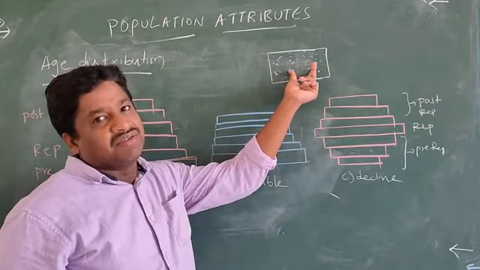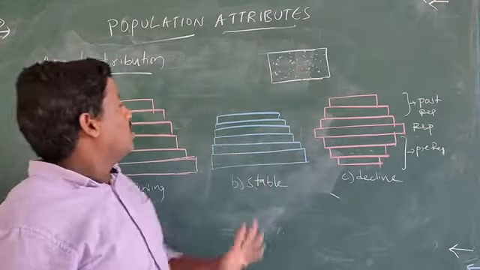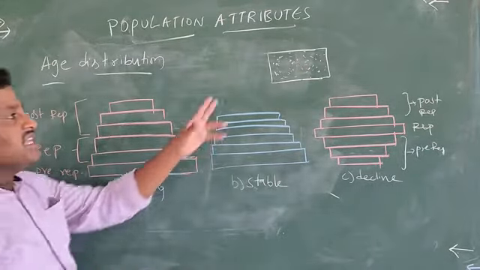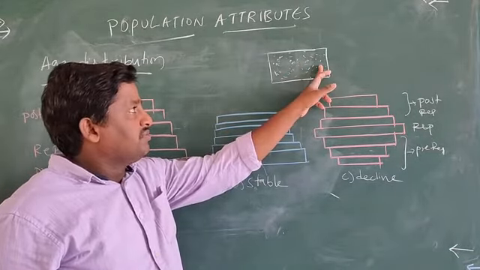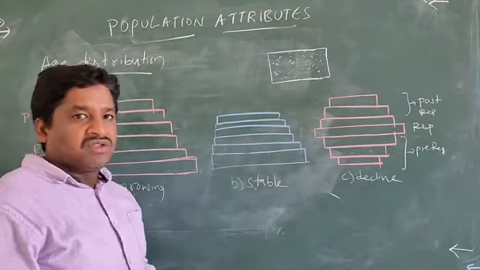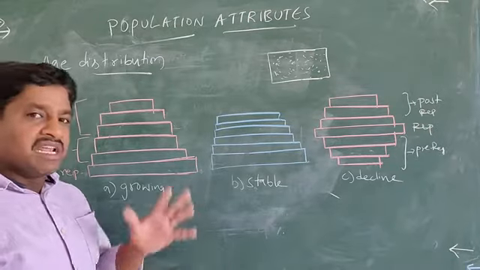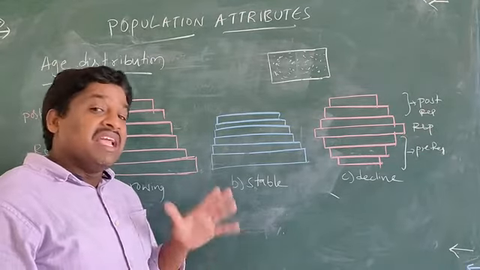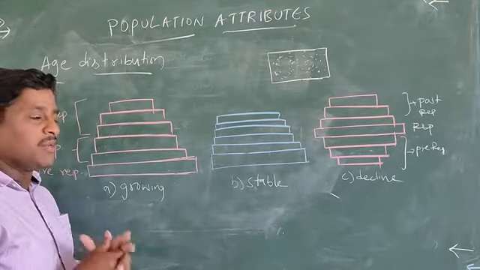So the different ages in that area can be plotted as the age distribution for the population. The resultant structure, what do you call it? Age pyramids. For human population, the male and female ratio and all their ages can be plotted in the same pyramid, a single pyramid.